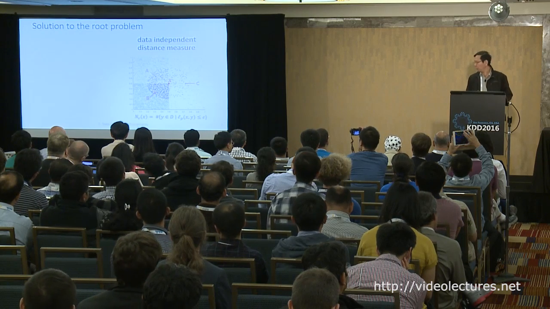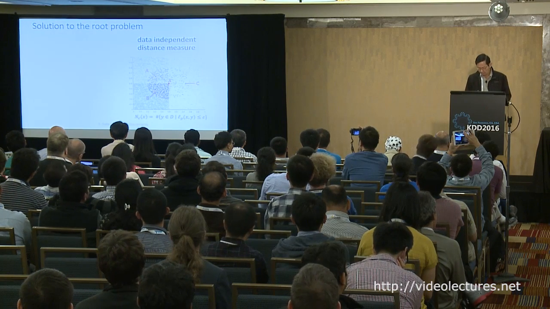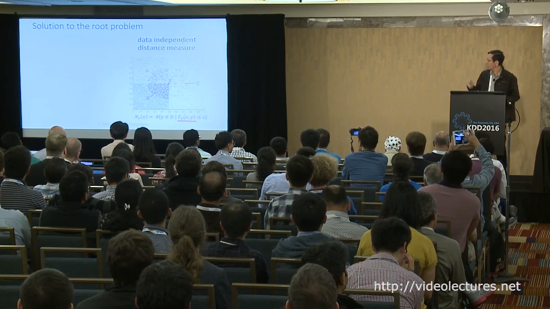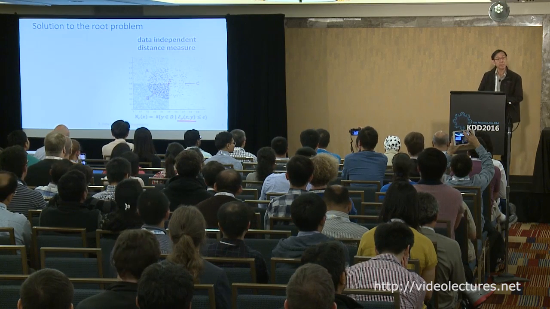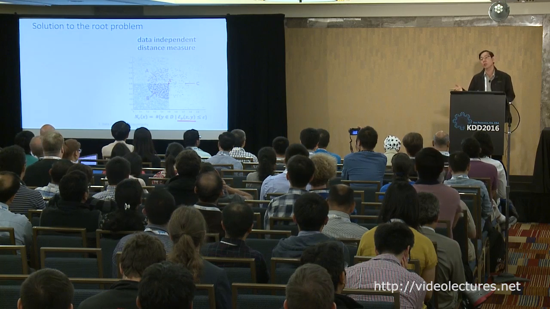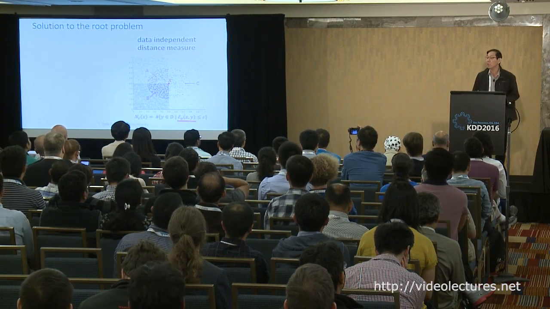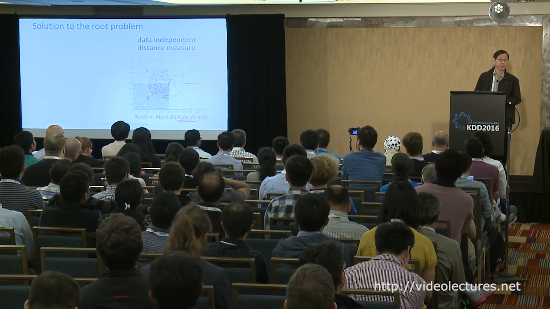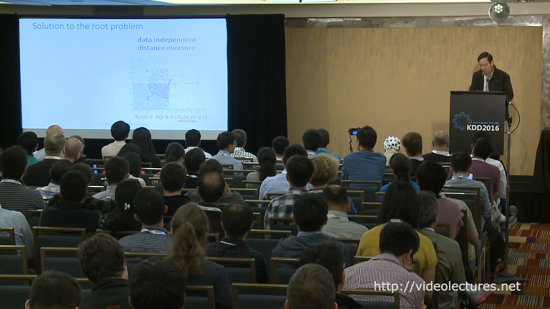The heart of that is the distance function you use. What I show here is the Lp norm. When you set p equal to 2, that is the familiar Euclidean distance.